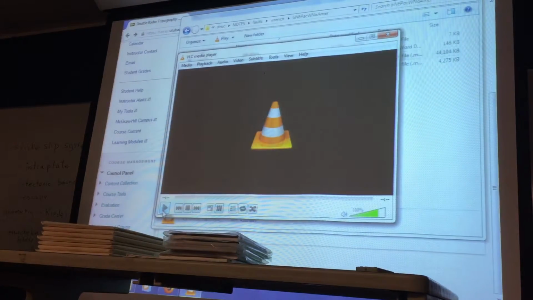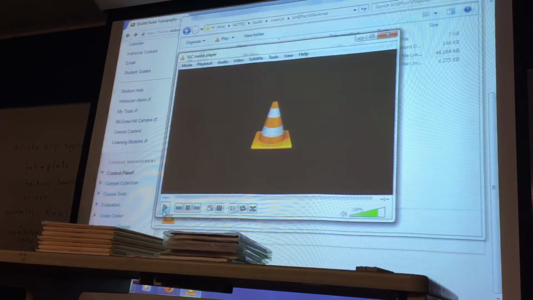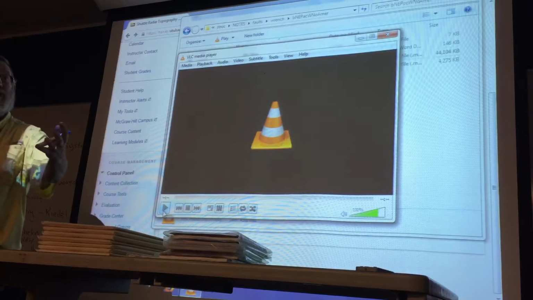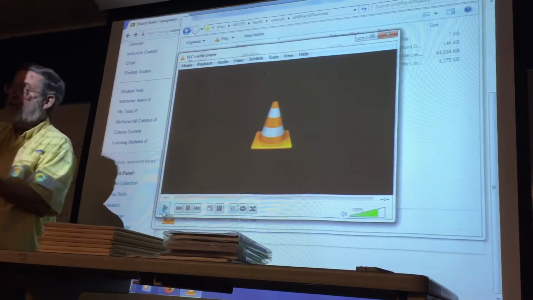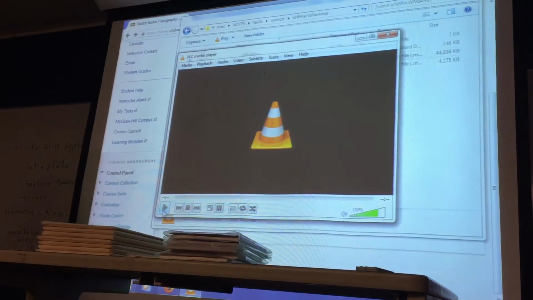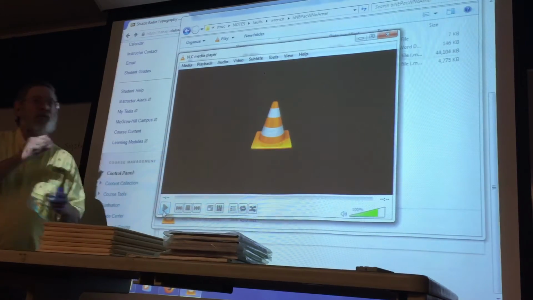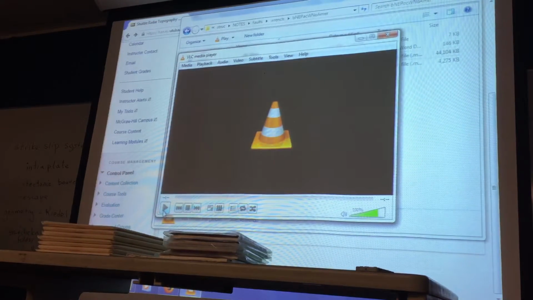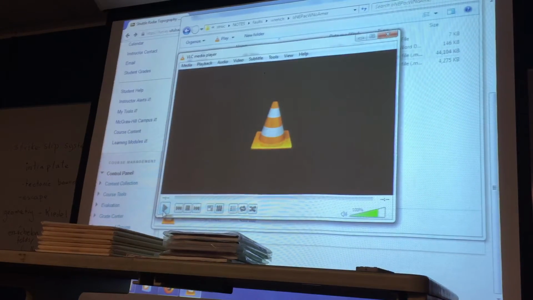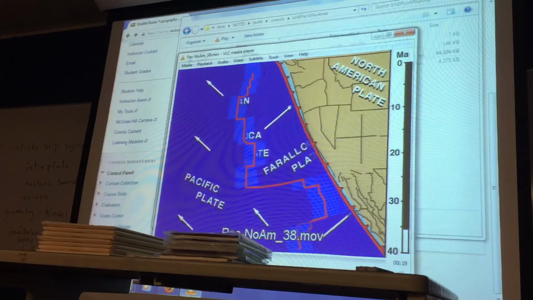So you're cruising around, and that's what happened to North America. It was just learning how to drive, having a great time, ran over the East Pacific lines. And so we had to transform across. So that is what happens in the system. That's why the San Andreas is a transform fault.